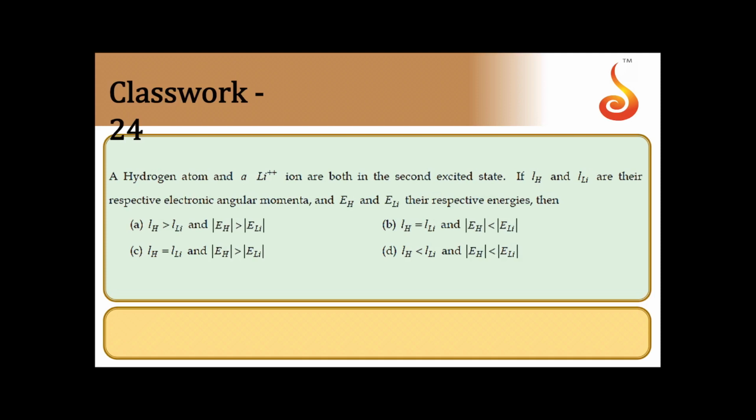That is what they are asking. So what they have given here is one is hydrogen atom and other one is lithium 2 plus ion. So both are in second excited state.